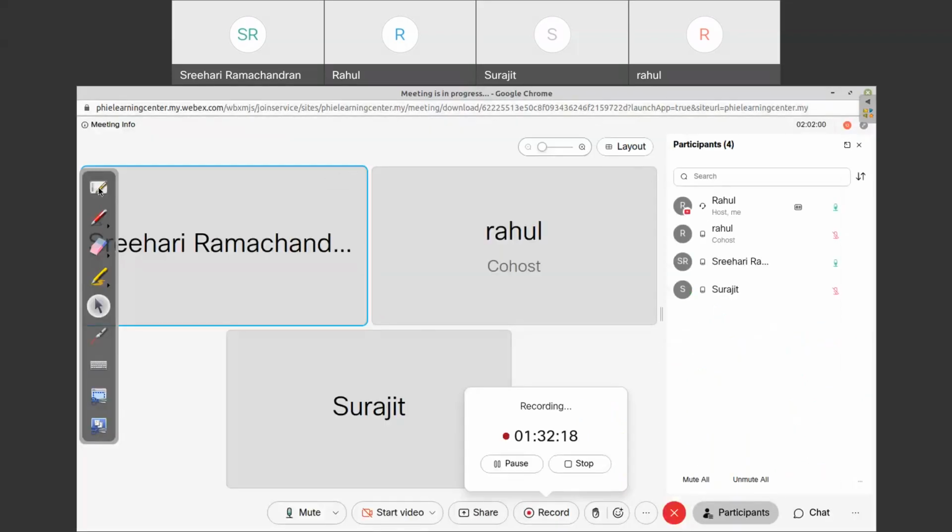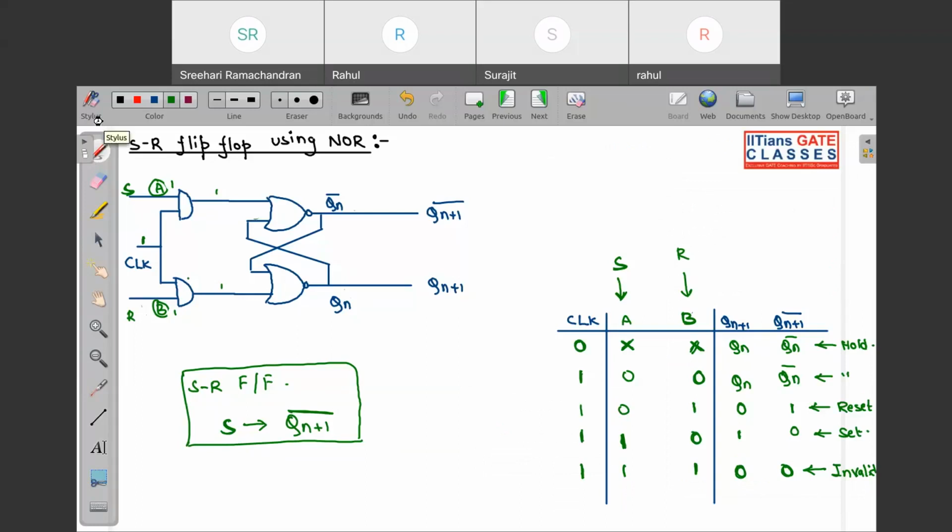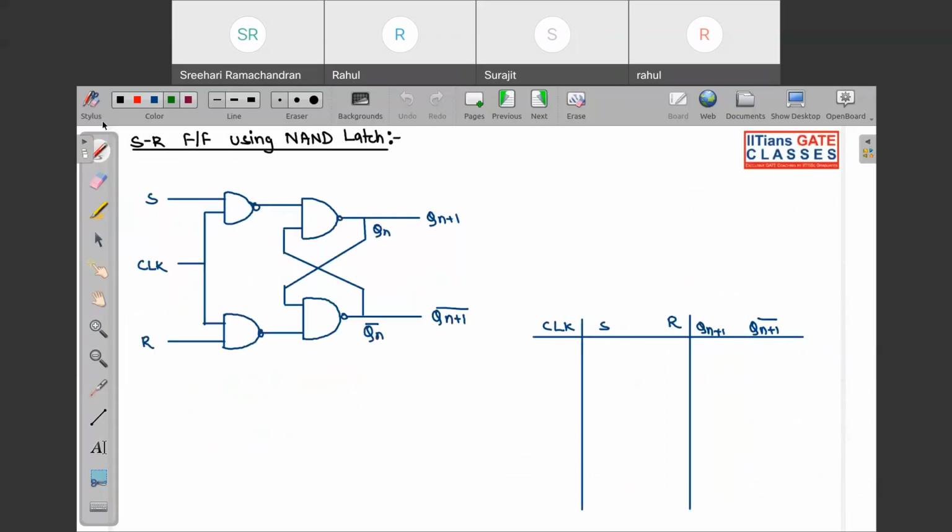Okay, fine. So now look, in the next case, let us solve SR flip-flop using NAND latch. Okay, in NAND latch. So same again, if clock is 0, now here you are going to see some difference.